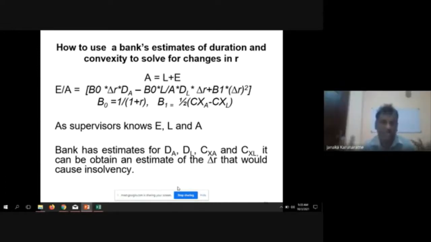So I'll put it this way: minimize the duration gap. If you can make the gap zero, that is perfect. But in practical life in your bank, you can't do it. That is the reality, because there is a theory and there is a reality.